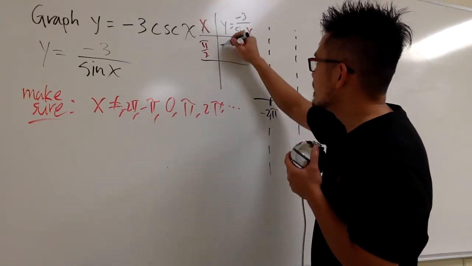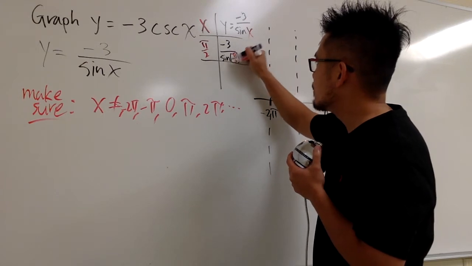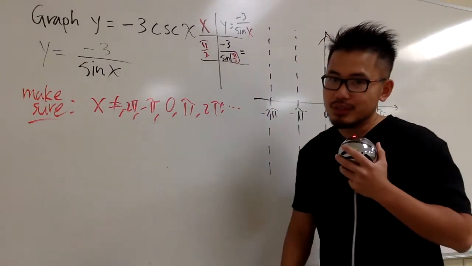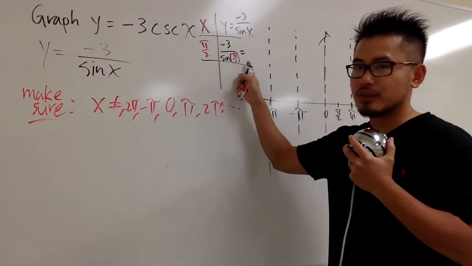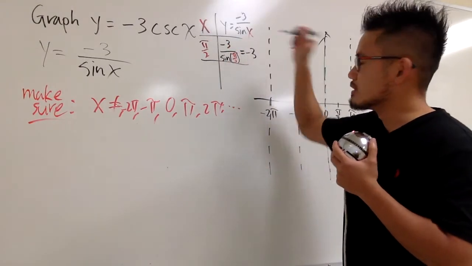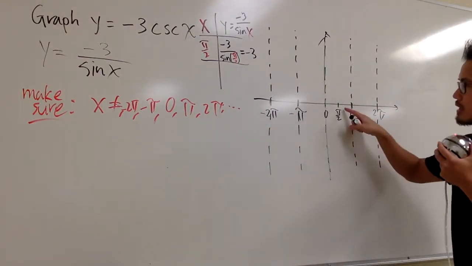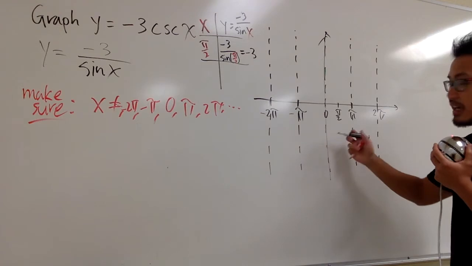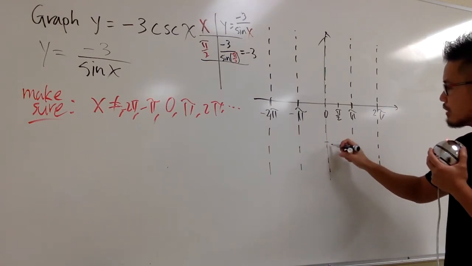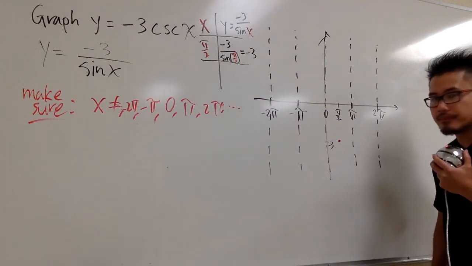And you see we will get negative 3 over sine of pi over 2. If you do it this way, it's not that bad, because what's sine of pi over 2? It's 1. Negative 3 over 1 is, of course, negative 3. So on the graph, you have the point pi over 2, comma, negative 3. And let me just put on negative 3 right here. And here is the point then, right?